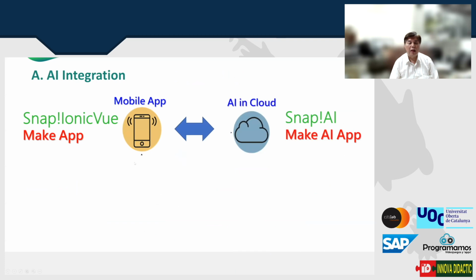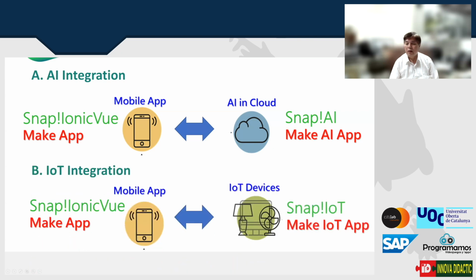We also have a no-code Snap solution for AI, and a Snap solution for the Internet of Things. So you can integrate them with your smartphone to maybe shoot a photo, and then go through Snap AI to analyze what it is, or give you some information back.